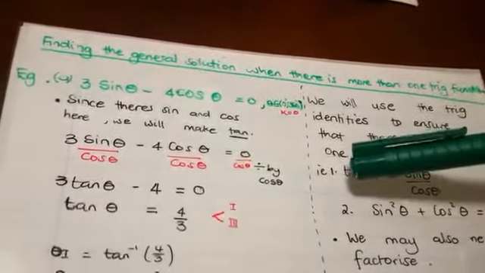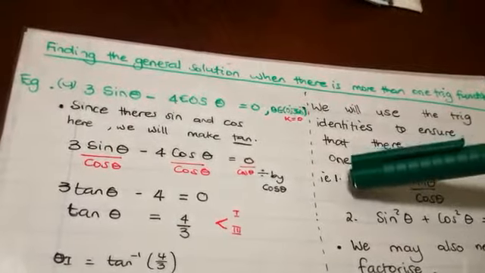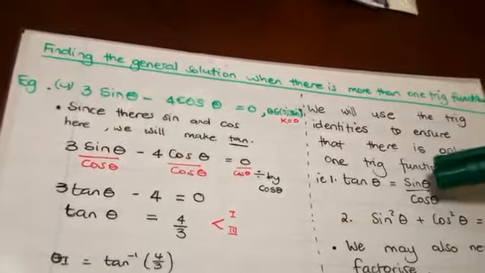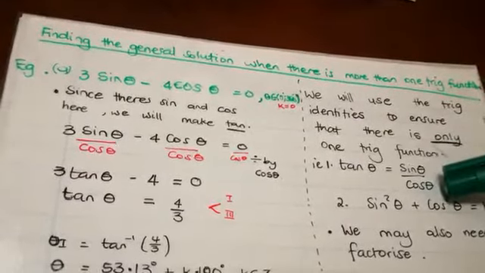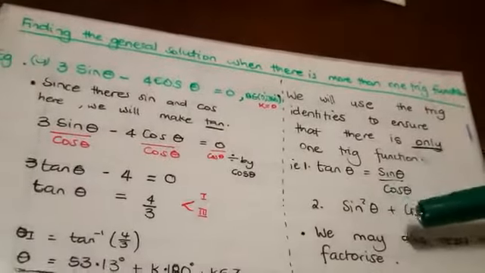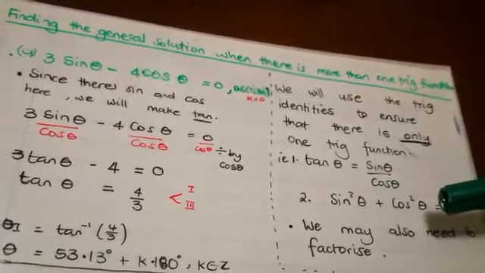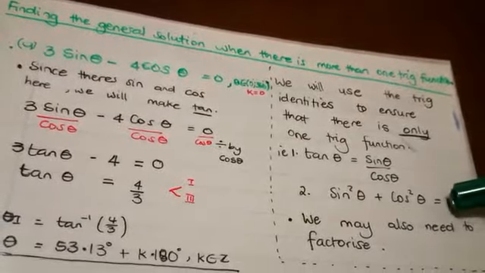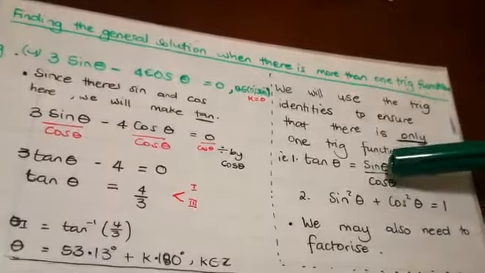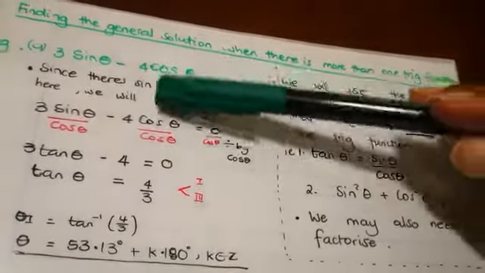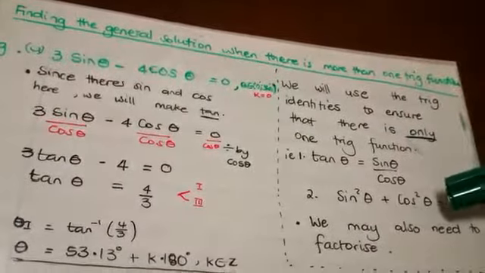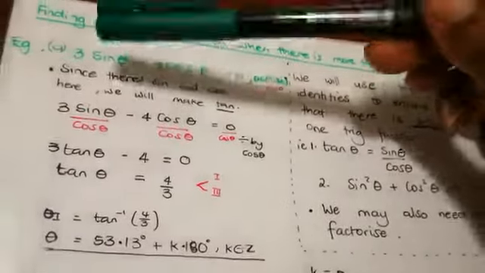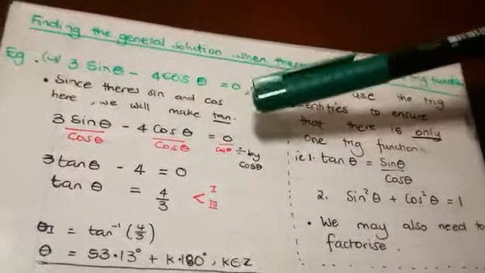So we are going to make use of this one, that tan theta is equal to sine theta over cos theta, and also that sine squared theta plus cos squared theta is equal to 1. We are going to use this to manipulate the equations so that we only have one trig function.